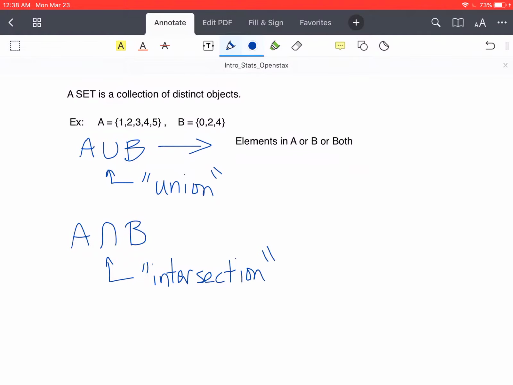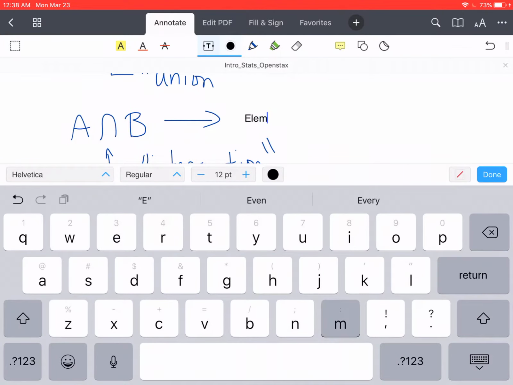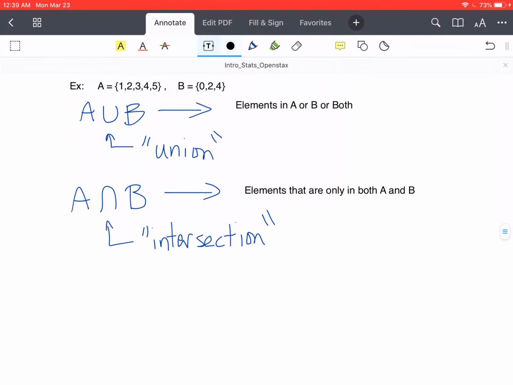We would say A intersect B, but the intersection of two sets is elements that are in both A and B. So the union was elements in A or in B or in both. The intersection is only the elements that are in both specifically.